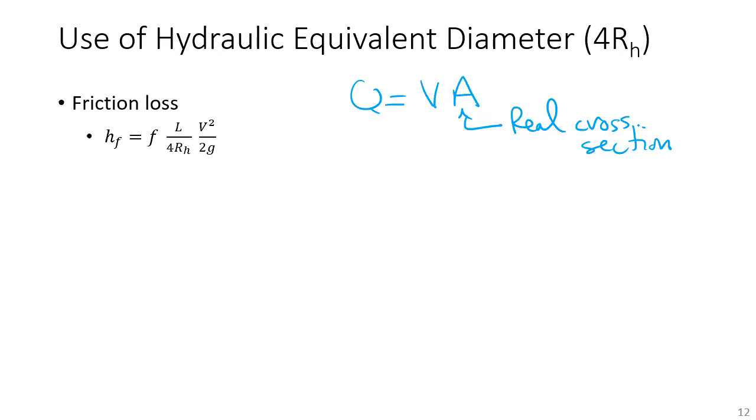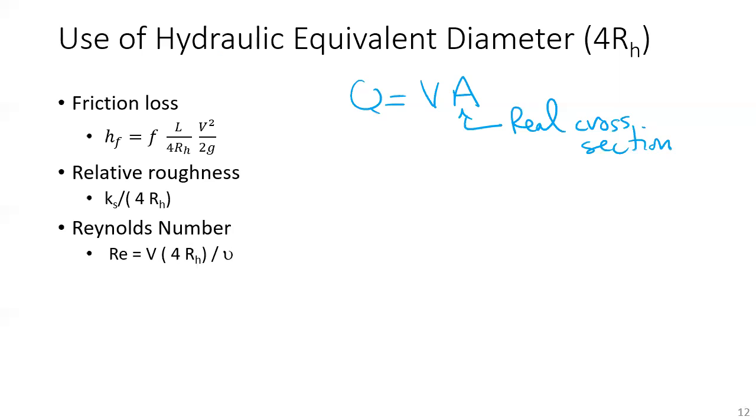But for friction loss, instead of the diameter, which the Moody diagram was built around, we're using 4 times the hydraulic radius. For relative roughness, instead of k_s over D, we use k_s over 4 times the hydraulic radius. And for the Reynolds number, it's velocity times 4 times the hydraulic radius over nu. Okay.